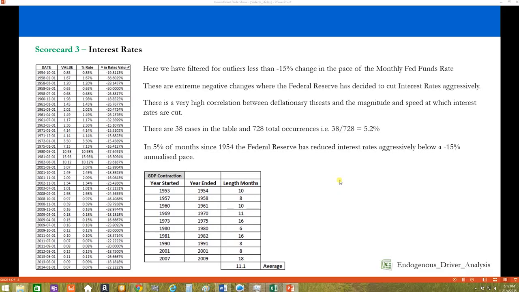So essentially what we've got here is that we've located the data where in 5% of months since 1954, the Federal Reserve has reduced interest rates aggressively below a minus 15% pace. And we have here the GDP contraction table from earlier.